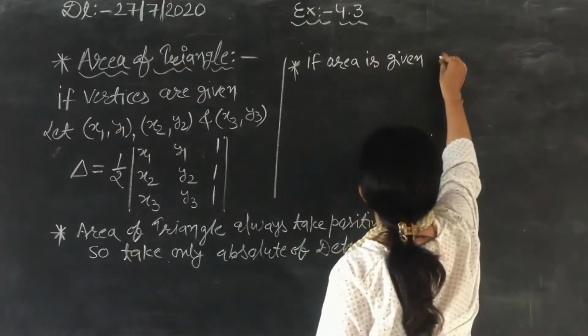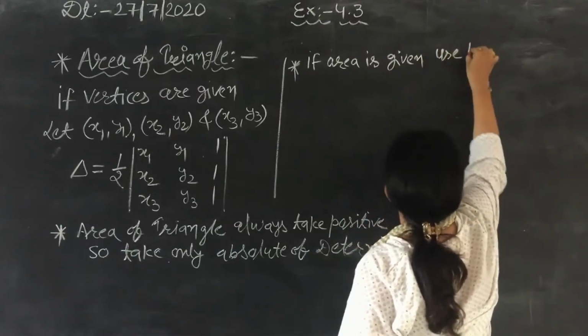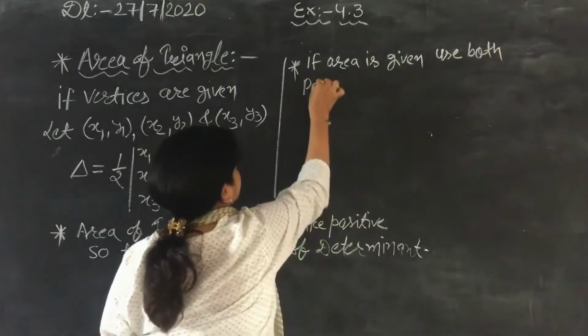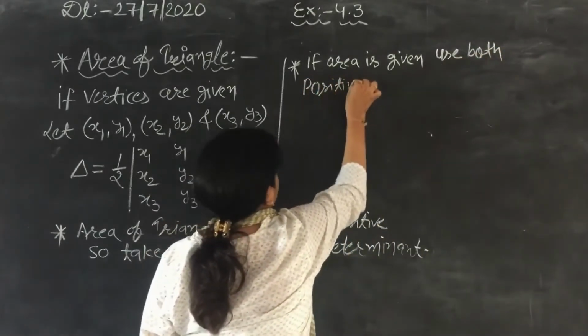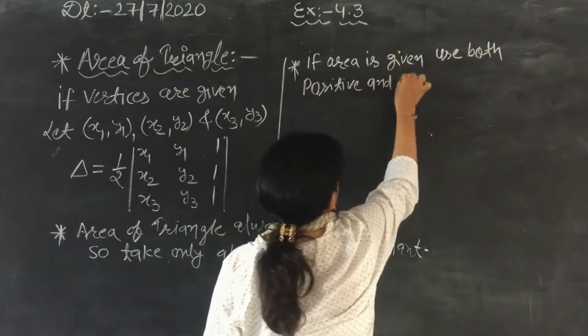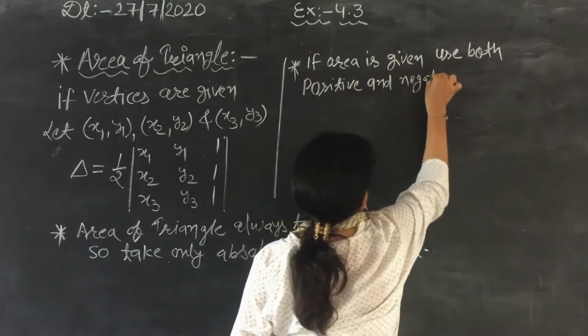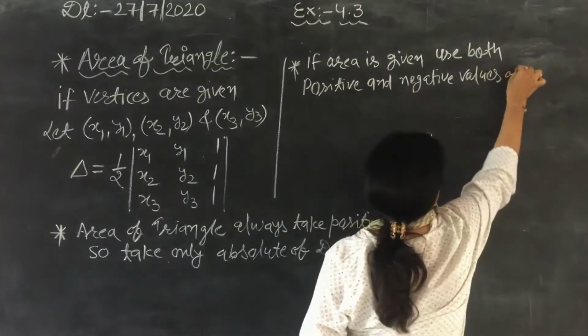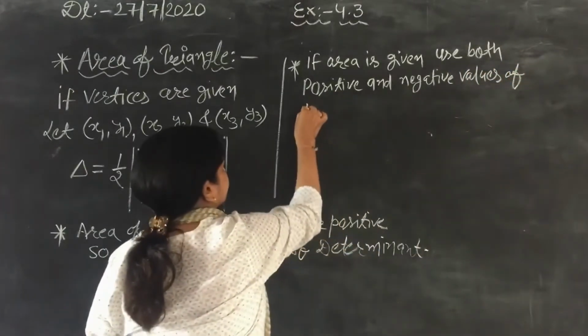If area is given, use both positive and negative values of determinant.